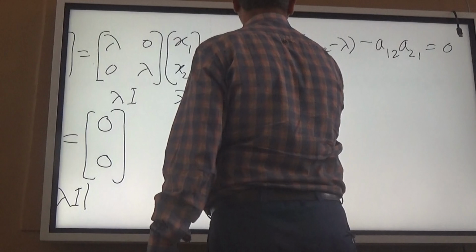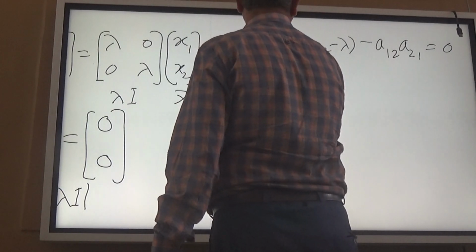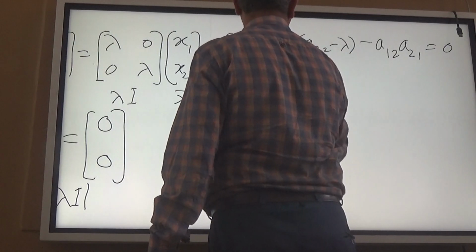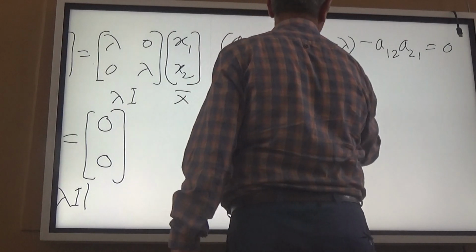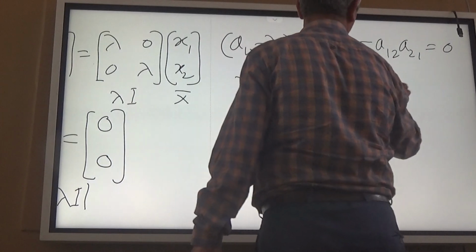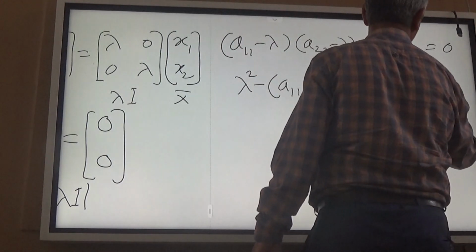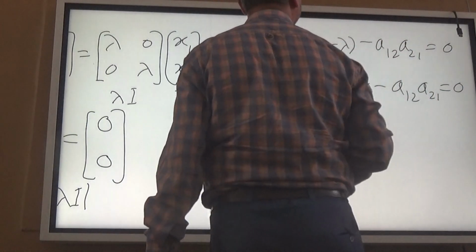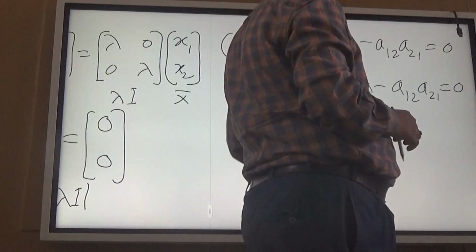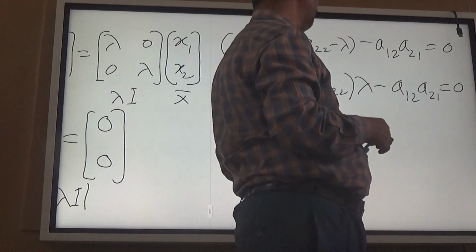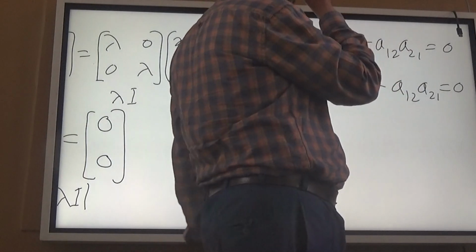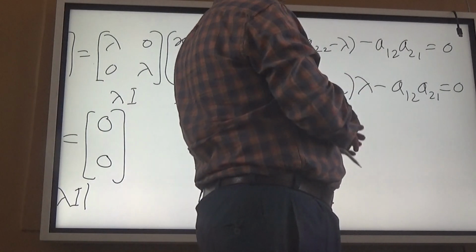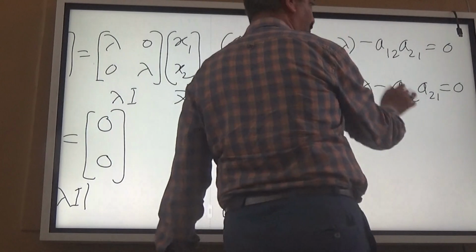So we get lambda square minus A11 plus A22 lambda plus A11 A22 minus A12 A21 must be equal to 0. Is it right? Is it okay? So it becomes a quadratic equation.